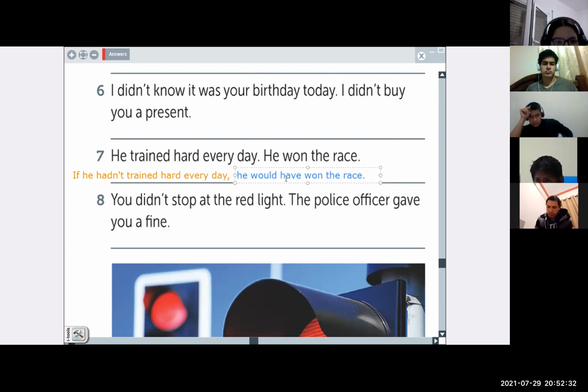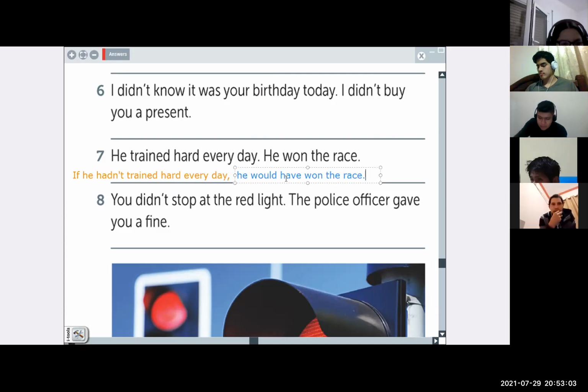Creo que le falta algo. Léala de nuevo, su oración completa. If he hadn't trained hard every day, he would have won the race. ¿Le falta algo? ¿Qué significa en español?